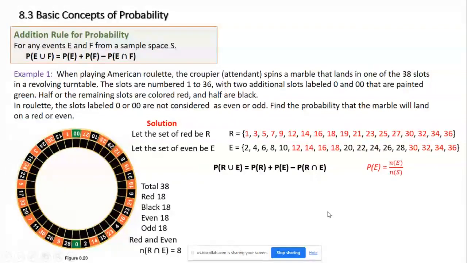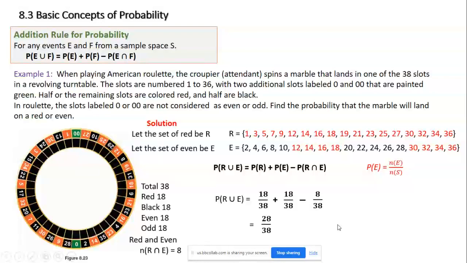So now we can do our probability. Again, keep in mind, we're always using our probability for events. The probability of getting a red is 18 over 38, plus the probability of even, which is 18 over 38, minus the duplicates, or the intersection of them, which is 8 over 38.